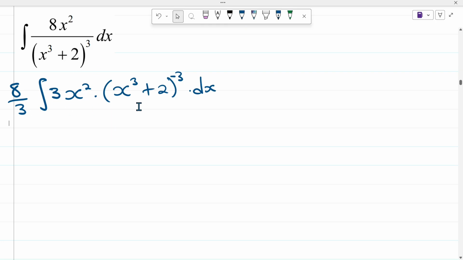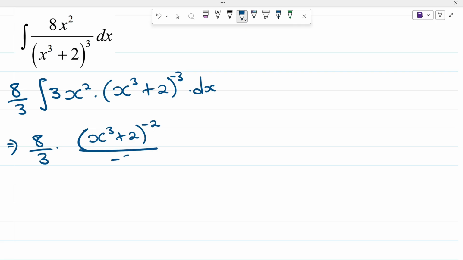So we didn't change the question. However, we can make use of 3x squared so that we can use the general power rule. Also, because our n is not equal to negative 1, we are able to use the general power rule. So the answer for this is just going to be 8 over 3 multiplied by x cubed plus 2 to the power negative 3 plus 1, that's negative 2, divided by negative 2, plus c.